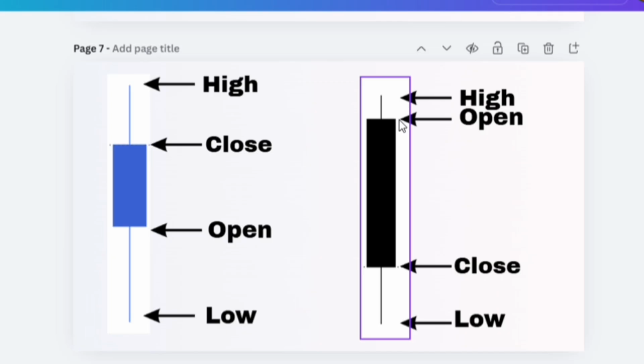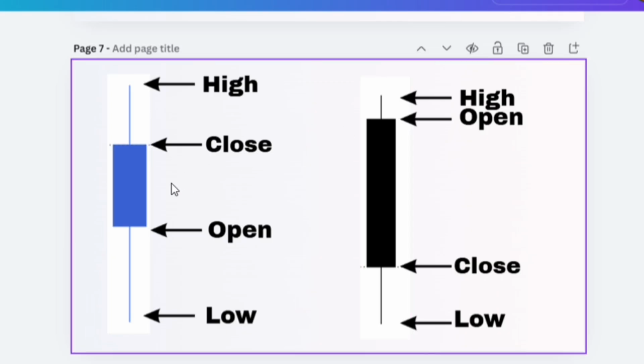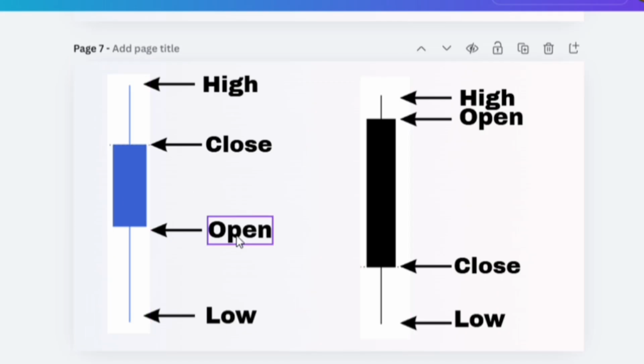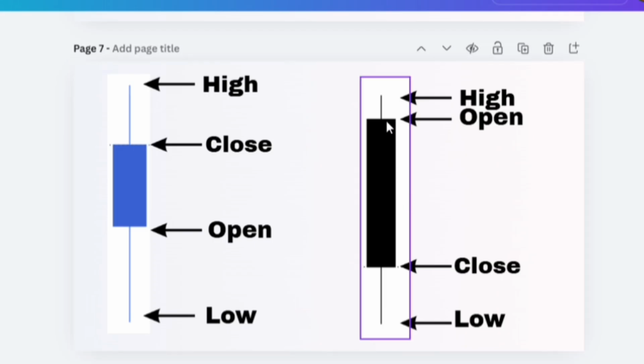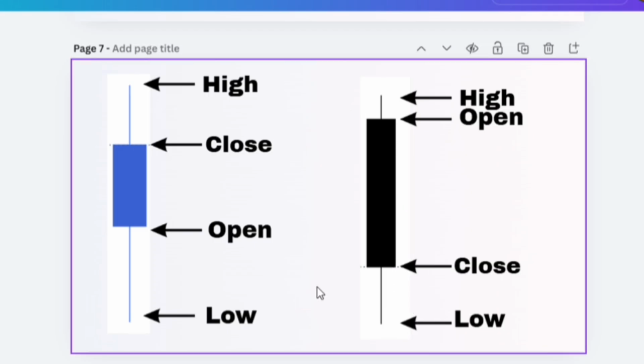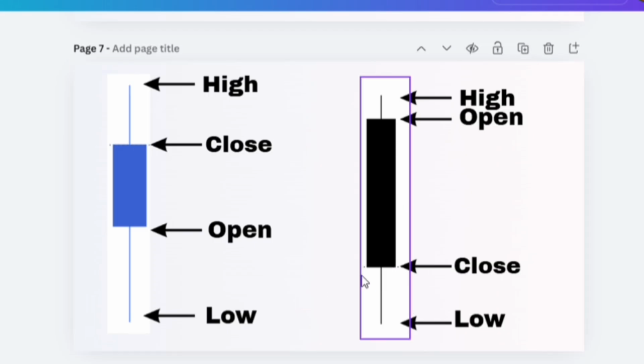It opens above. Now you can see the difference. The bullish candlestick opened below, but a bearish candlestick opens above and closes below. This is the high it can get to, and this is the low it can also get to. Do you understand? This is everything about candlesticks.